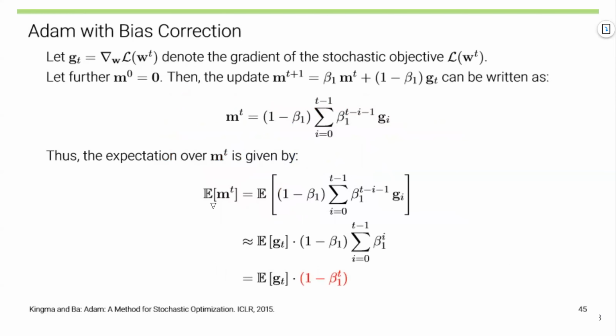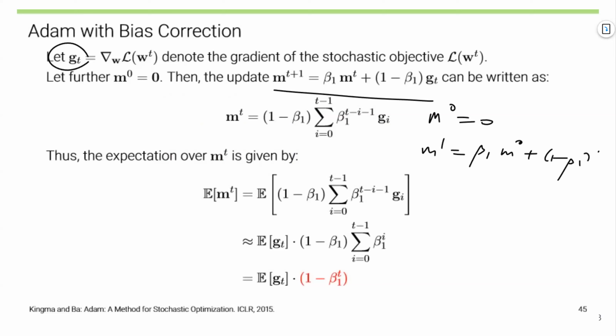Why is it so? Let's say the gradient is abbreviated as GT, and the update equation looks like this. Because M0 is 0, M1 is beta 1 M0 plus 1 minus beta 1 G1. M2 becomes beta 1 times M1 plus 1 minus beta 1 times G2.